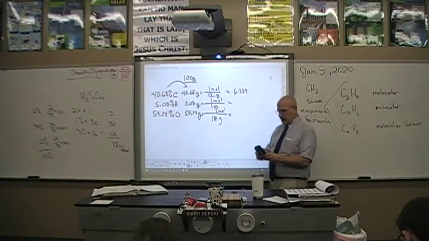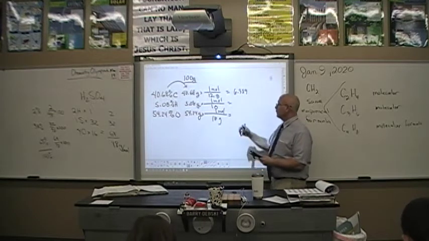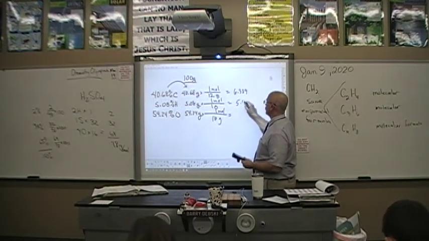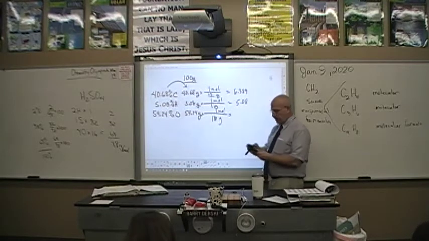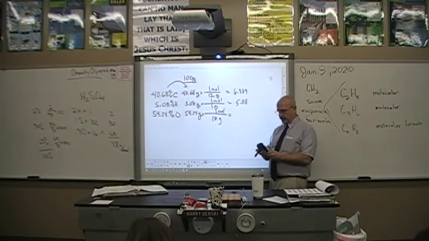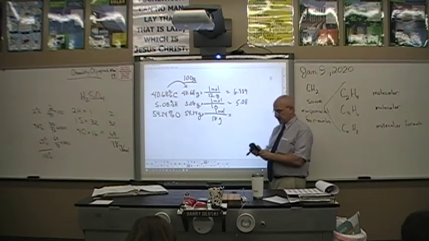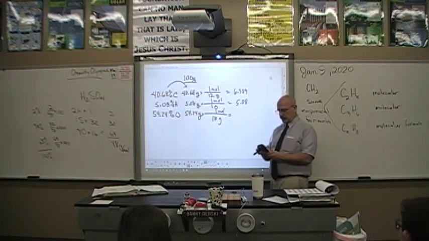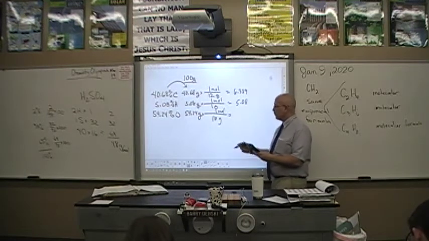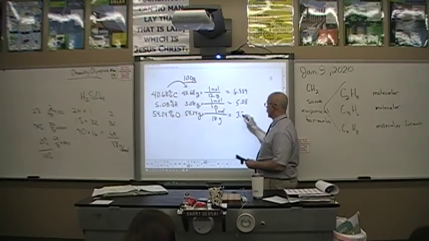5.08 divided by 1. I always do that. I hate doing that. Okay. And 54.24 divided by 16. That doesn't look right. 54.24 divided by 16. 3.39.